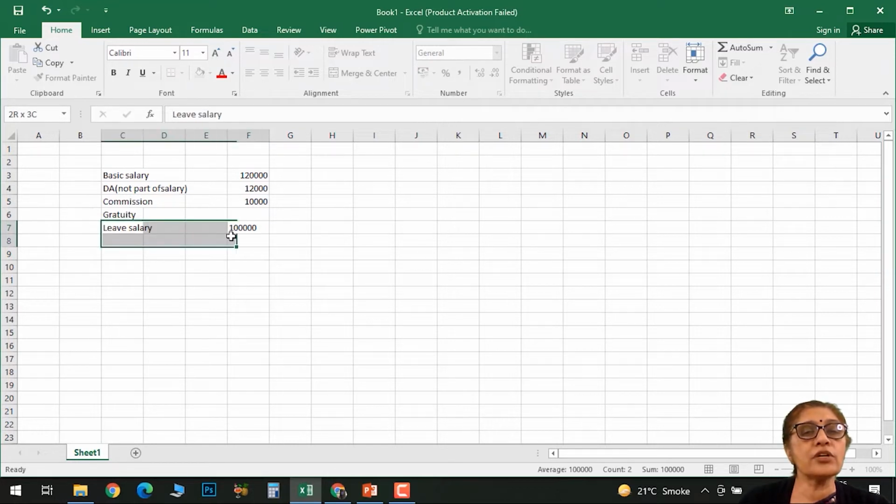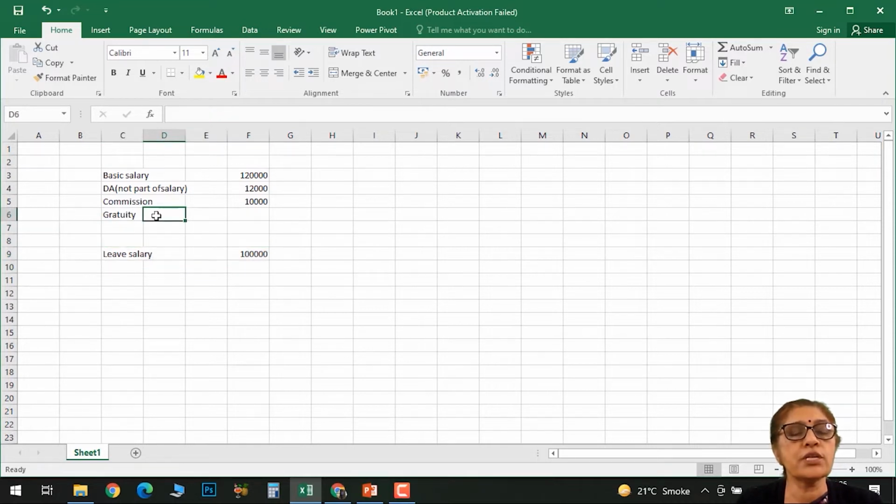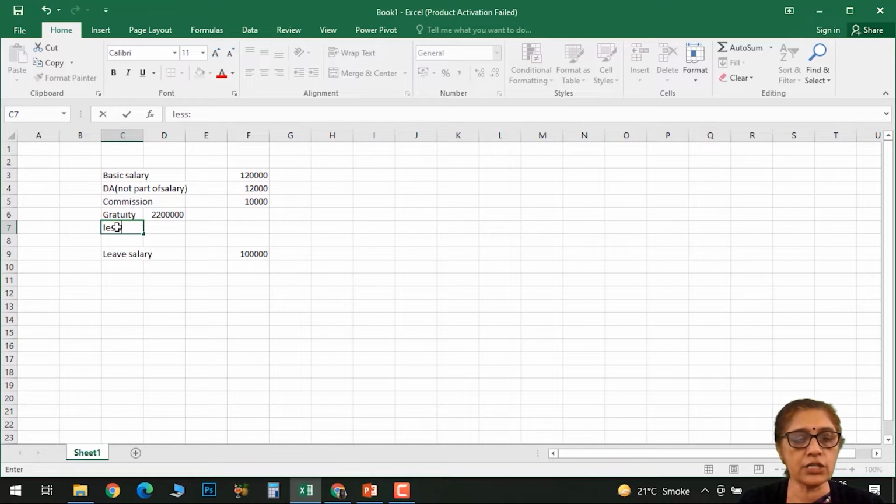Now he receives gratuity, and for gratuity again we need to find out the amount which is exempt from tax. Let's say he receives a gratuity of 22 lakhs. From this we shall give a deduction for the amount which is exempt from tax.